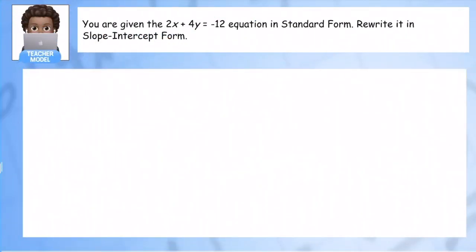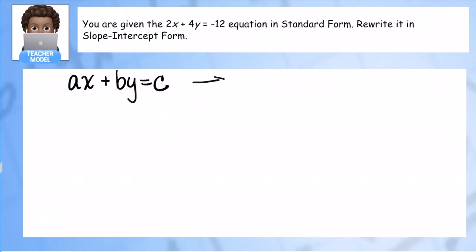Okay, let's practice rewriting an equation in standard form and putting it into slope-intercept form. Standard form usually looks like this: ax plus by equals c. And oftentimes what this means is we have to move the ax over to the other side by creating a zero pair and keeping balance, and then dividing by that b.